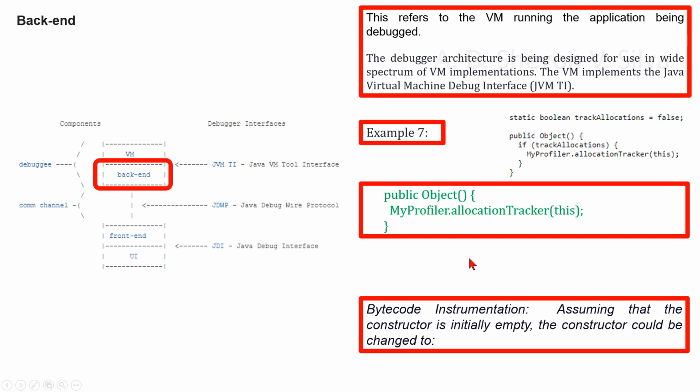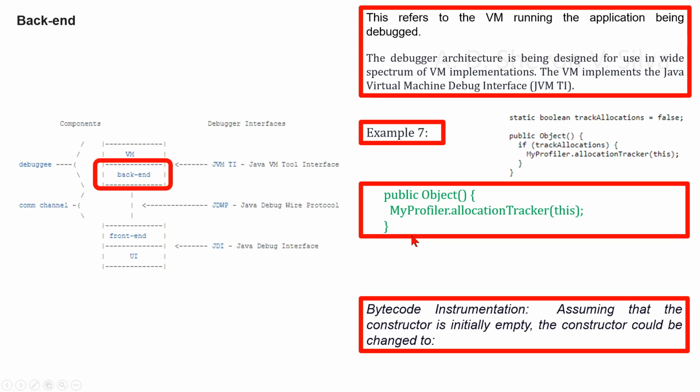For example, an approach to getting notification of every object allocation is to instrument the constructor on object. Assuming that the constructor is initially empty, the constructor could be changed to this. However, if this change was made during class file load hook event, then this might impact a typical VM as follows.